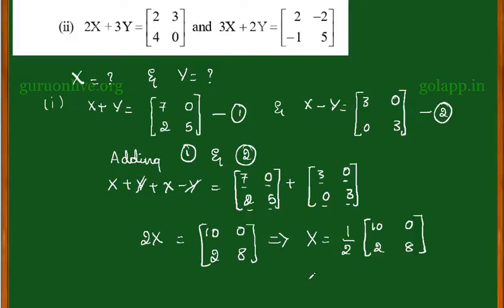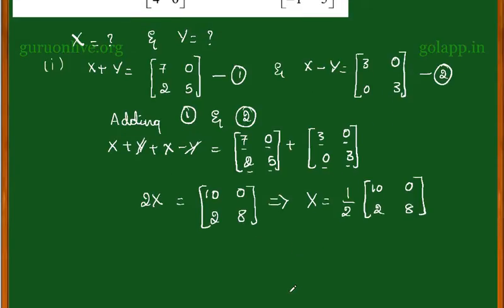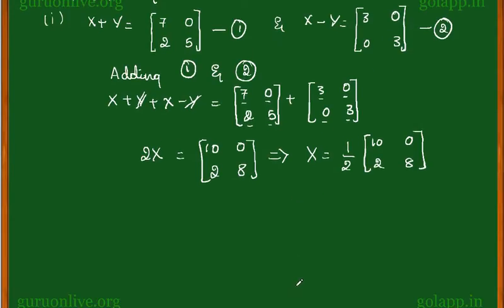If I multiply this 1 by 2 within the matrix, I have to multiply each element, so that I get x is equal to 10 by 2, which is 5, 0 by 2, which is 0, 2 by 2 is 1, and the last 8 by 2 is 4. So I got the x value. So now we need to find the value of y.